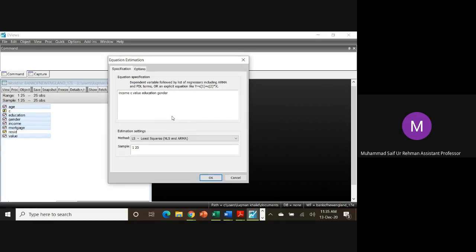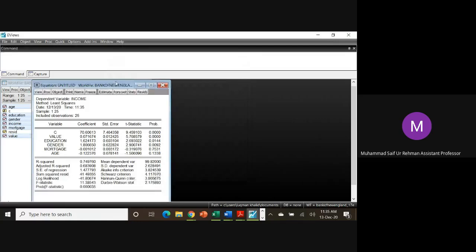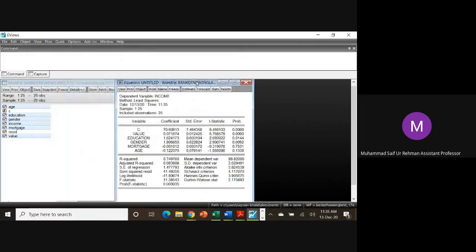Then there is mortgage. Okay. So then there is age. So write down age. So OLS technique. These are the regression results.